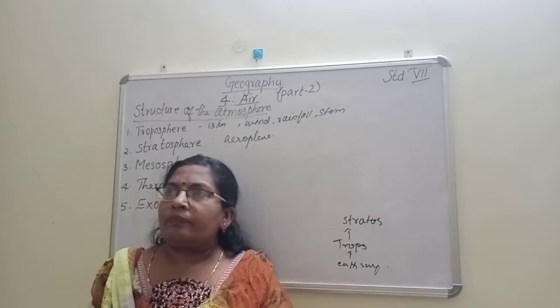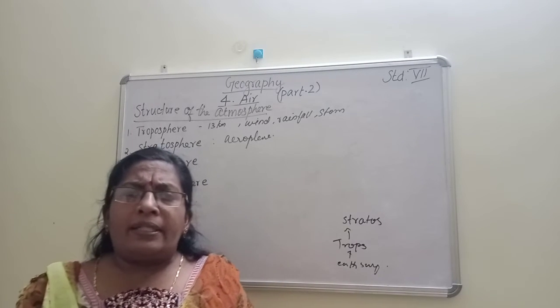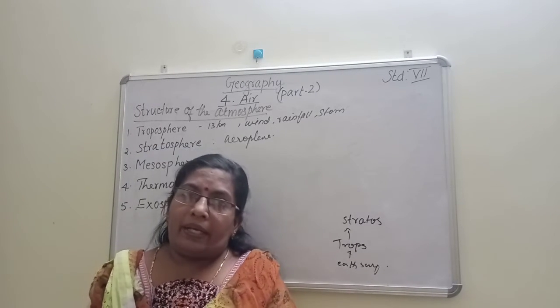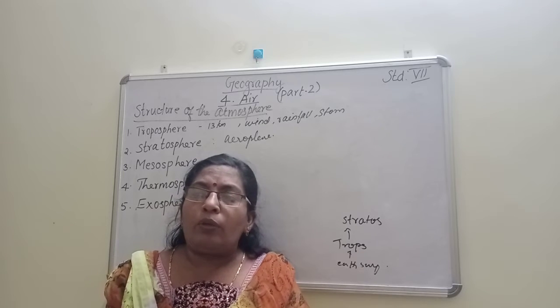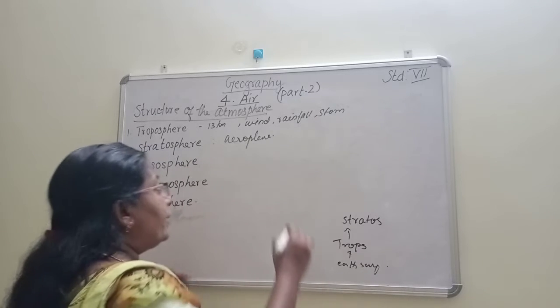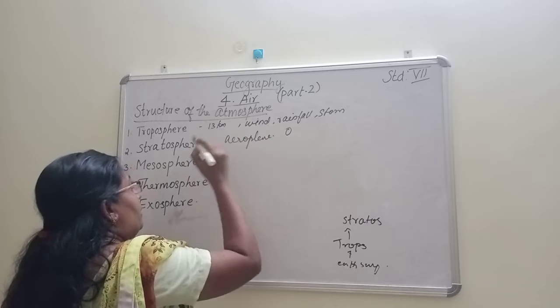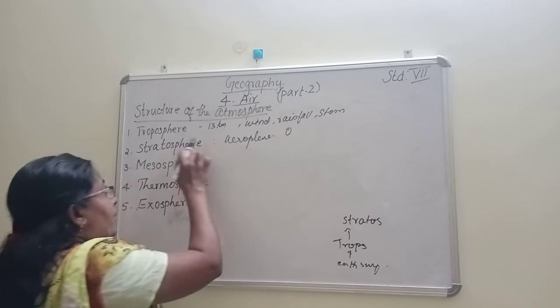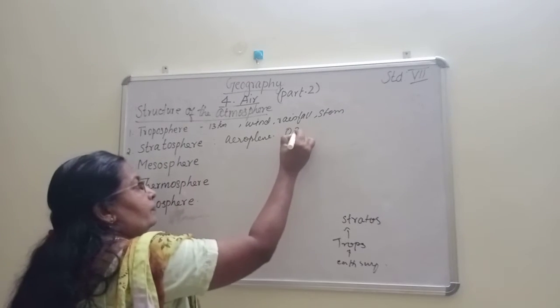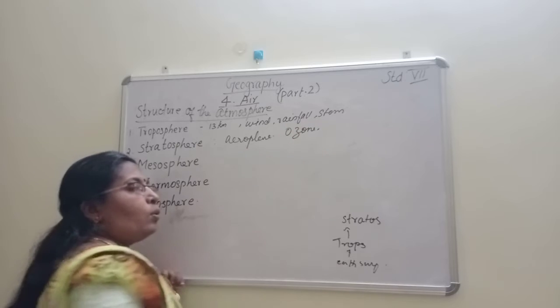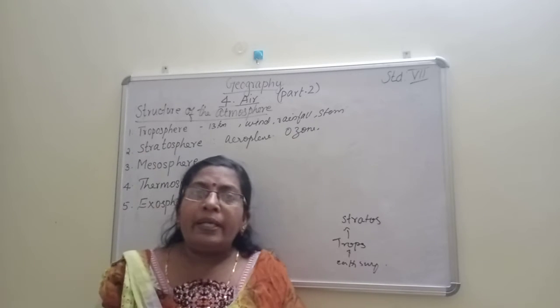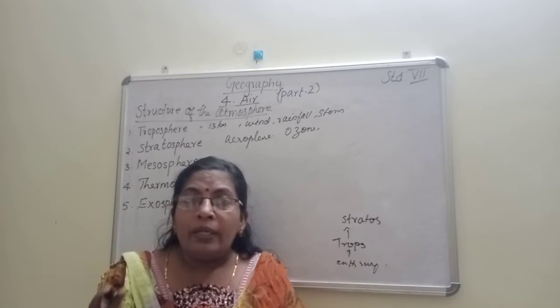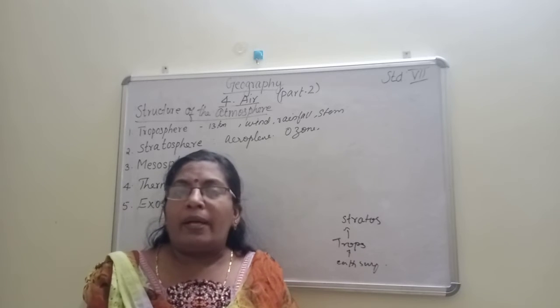Next, this layer consists of the ozone layer. Ozone layer is present in this layer, stratosphere. You know ozone layer protects us from the harmful heat emitted by the sun.